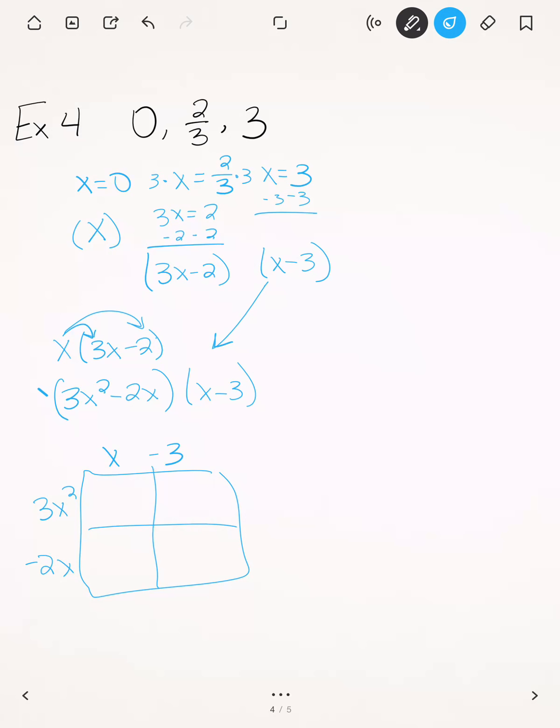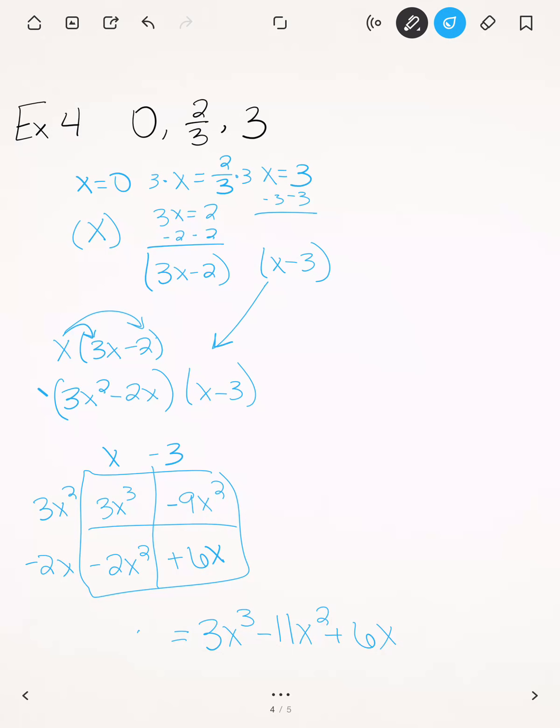So 3x squared times x is 3x cubed. 3x squared times a -3 is a -9x squared. -2x times x is a -2x squared, and a -2x times a -3 is a positive 6x. So then I combine my like terms, so I have 3x cubed, negative 2x squared minus 9x squared, I get a negative 11x squared, and then plus 6x.